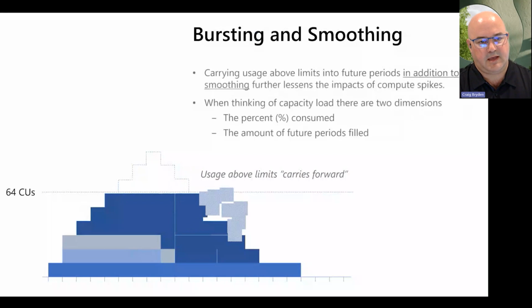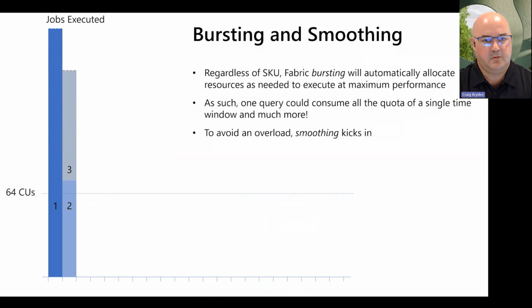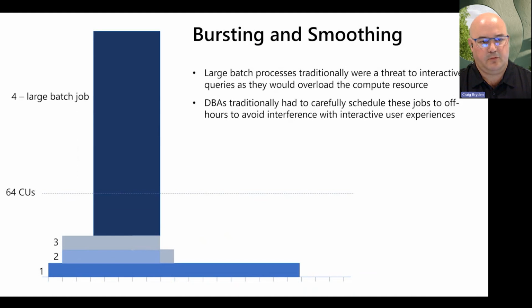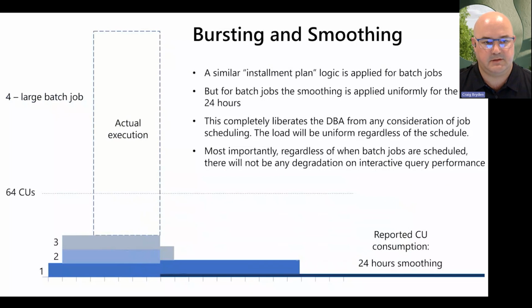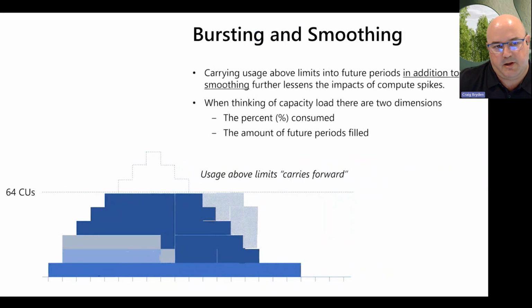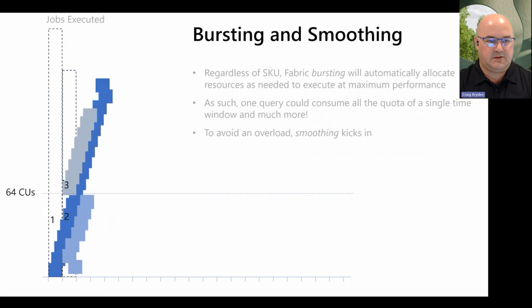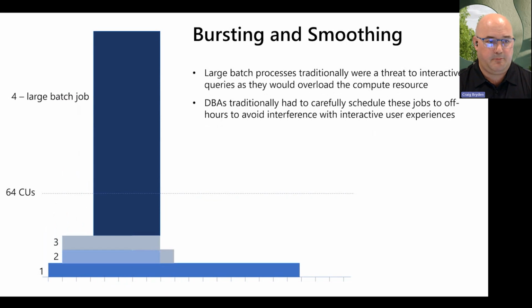Now, this can get very technical, but background operations, which typically are going to be the bigger operations, are smoothed over a 24-hour period, as that image shows. And it's my way of explaining it, and this may not match with Microsoft, but when you're bursting, it's like getting a loan that you have to pay back.